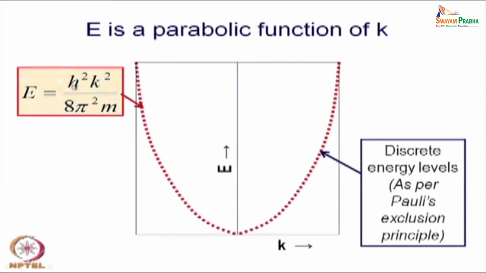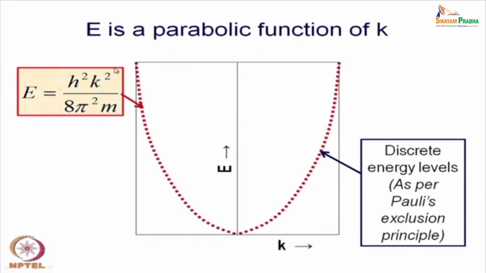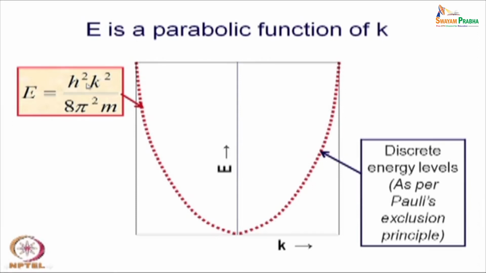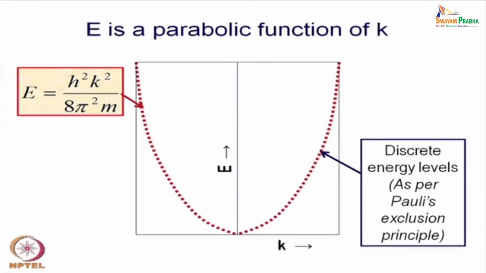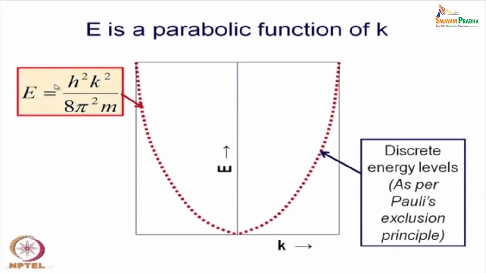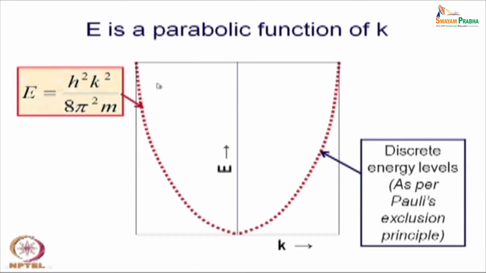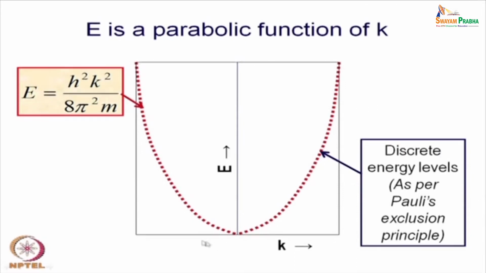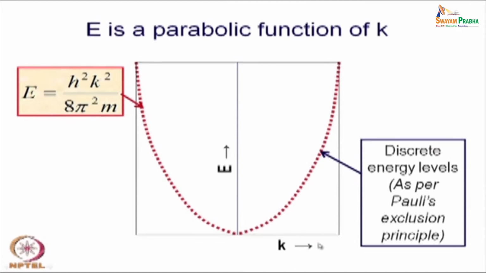So, k is, as I mentioned, a wave vector, and it is the reciprocal of the wavelength. This is an energy equation which has been plotted with respect to the k vector, and this is a parabolic equation.